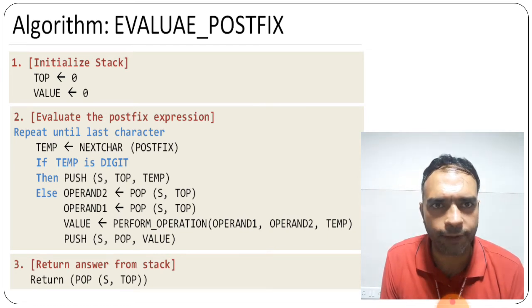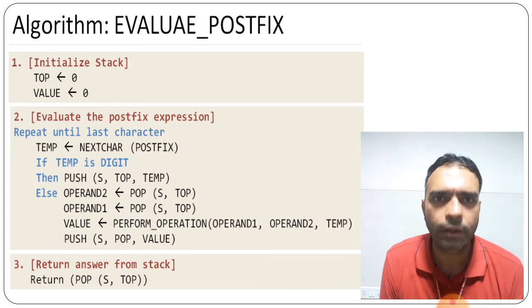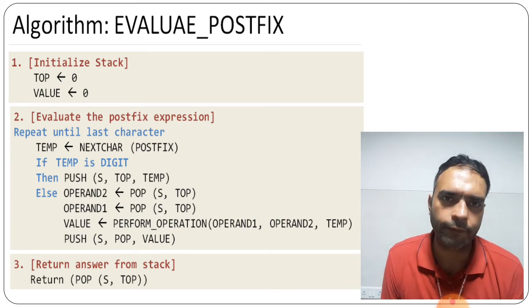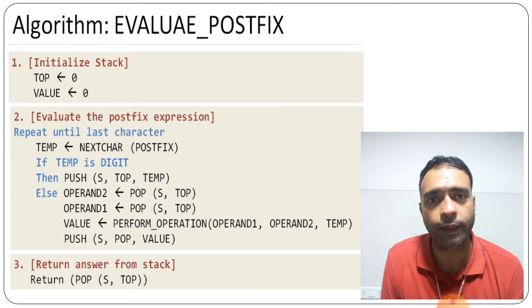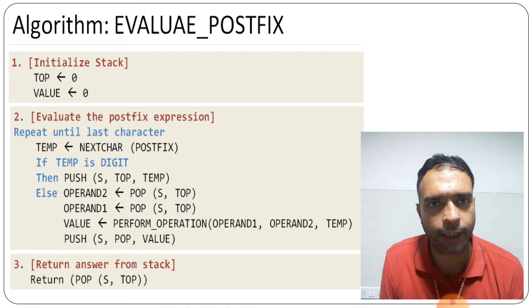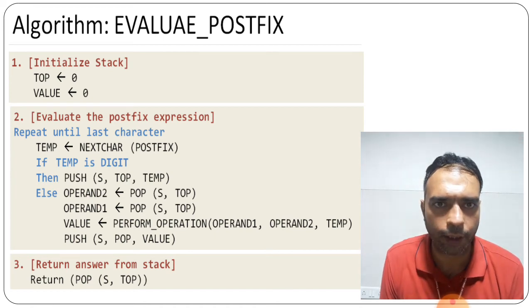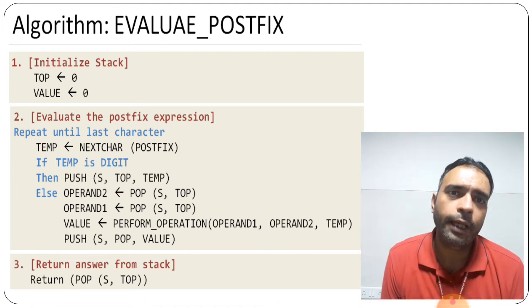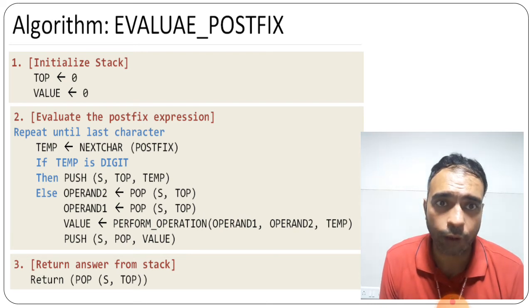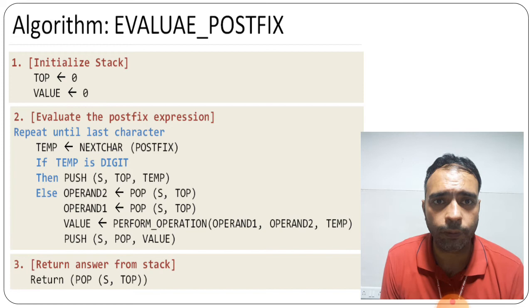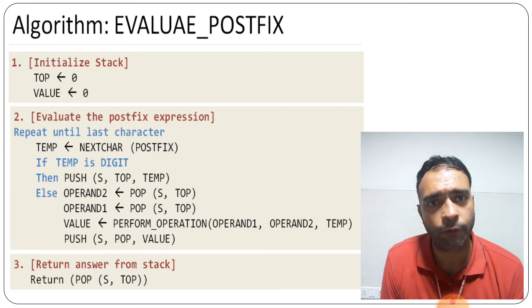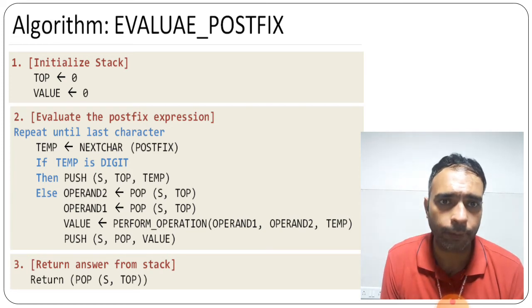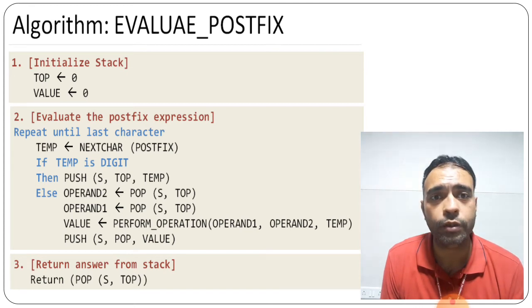For example 5 or 6, that is a digit, so it will push it directly into the stack, meaning insert it into the stack. Else, if it is an operator, operand 2 will be popped from the top, and operand 1 will be popped from the top, and finally the operation will be performed, whatever operation comes in this postfix.